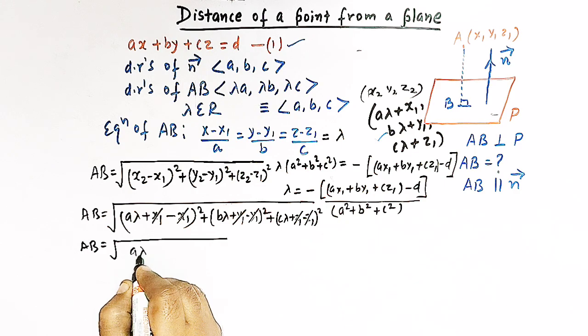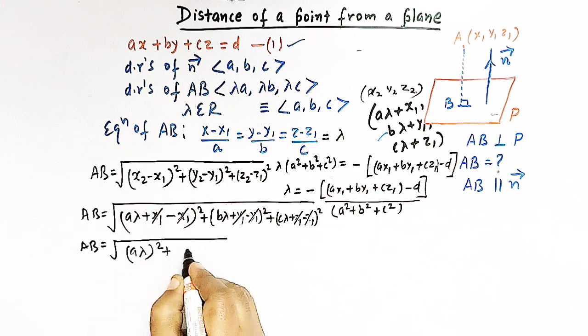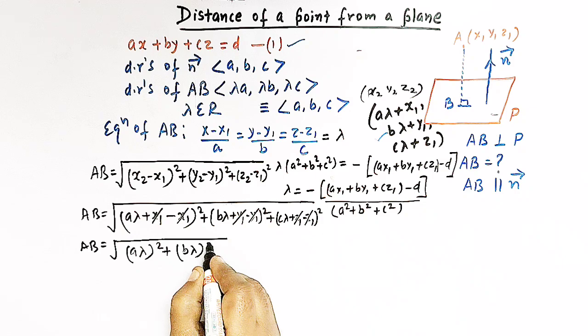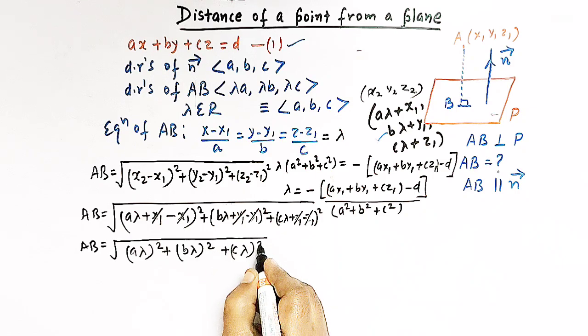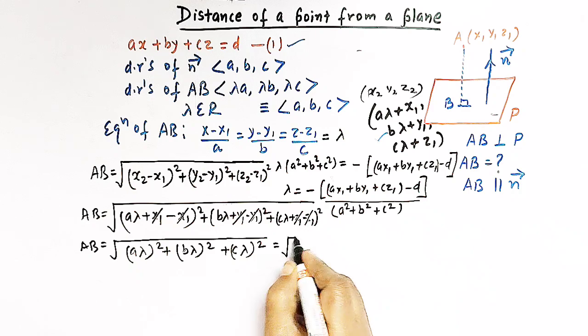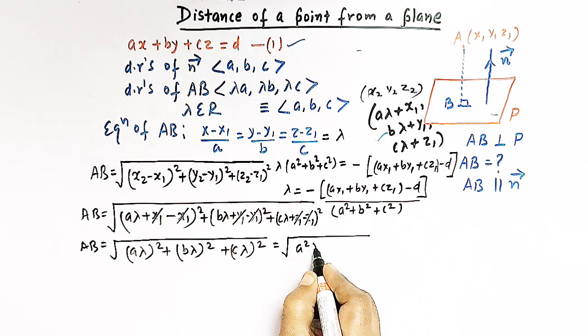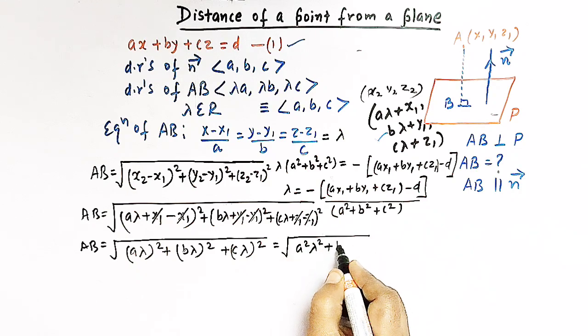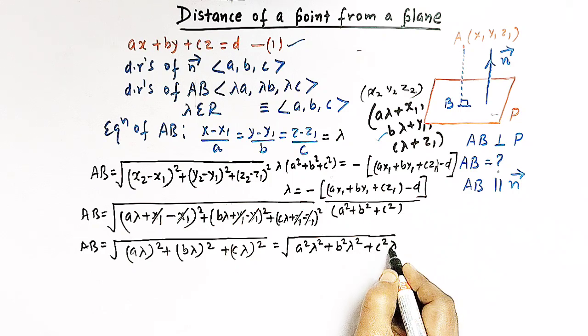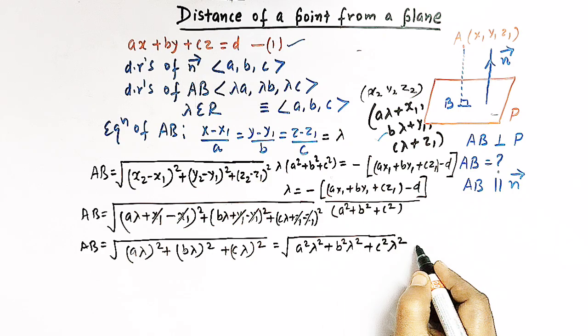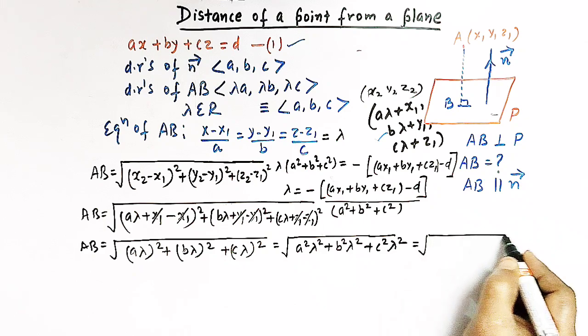So we have a lambda square, then we have b lambda square, and then we have c lambda square. So we can write square root of a square lambda square, b square lambda square, and c square lambda square. So let us take lambda square common.